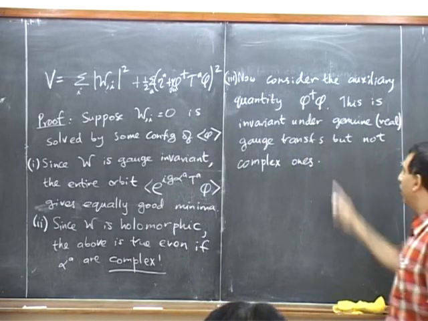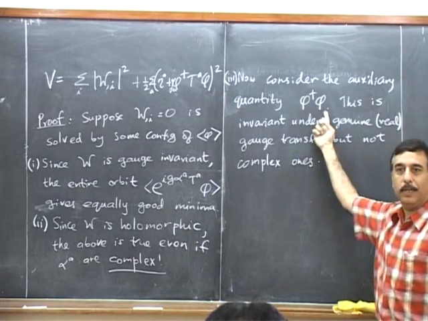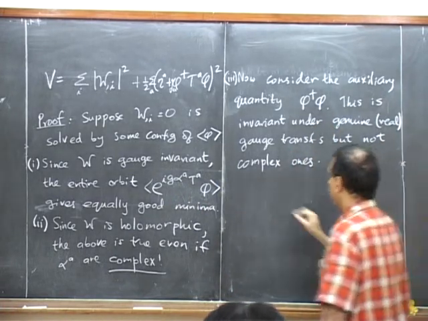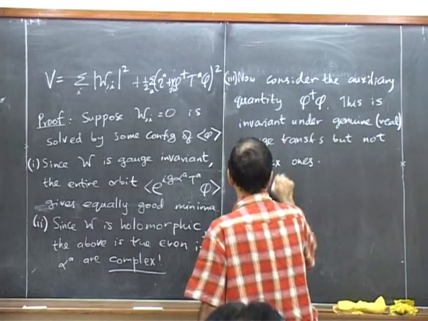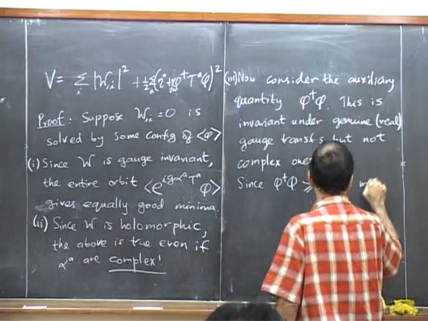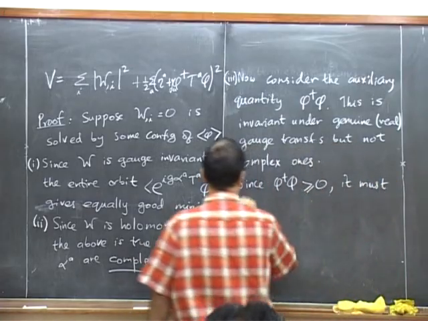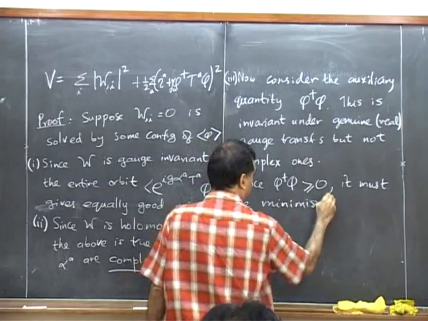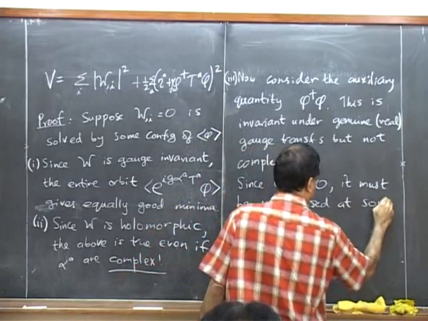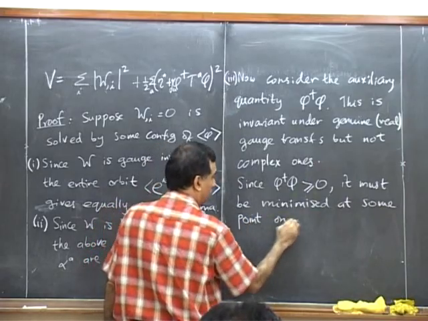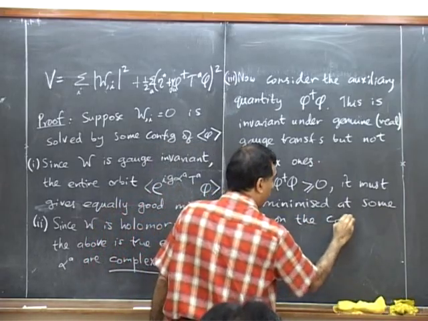Okay. Since it's not invariant, there is an orbit of phi dagger phi under the complexified gauge group. And since phi dagger phi is positive definite, it must be minimized at some point on this orbit, on the complexified orbit.